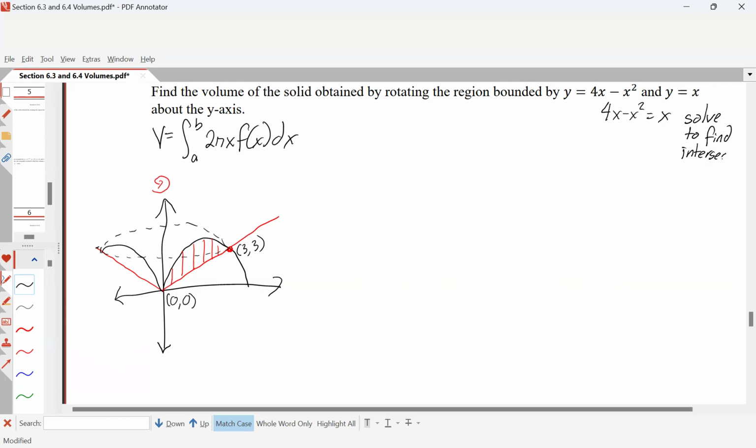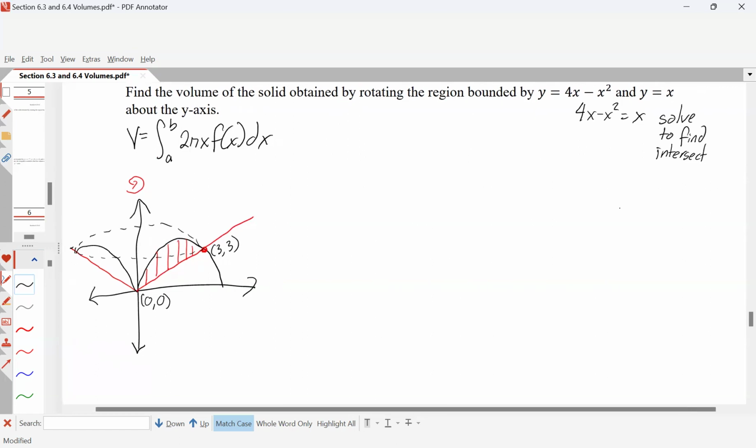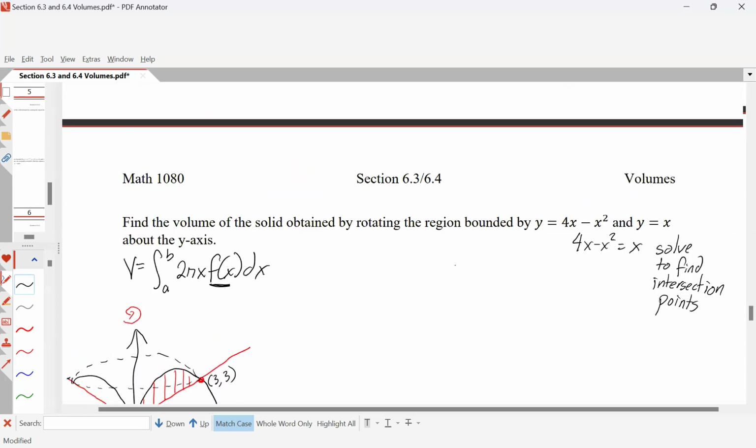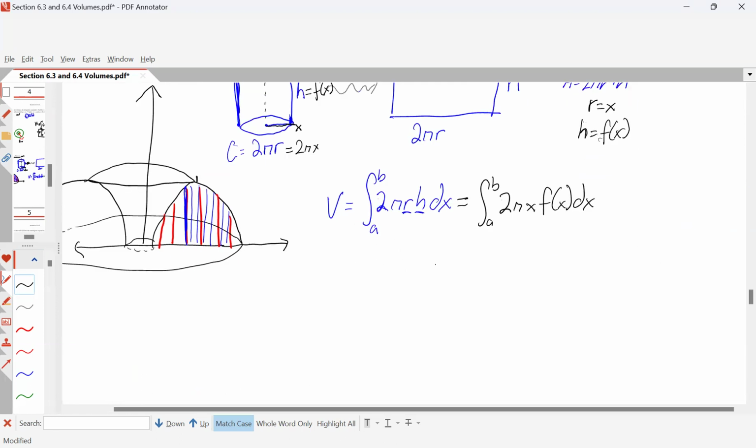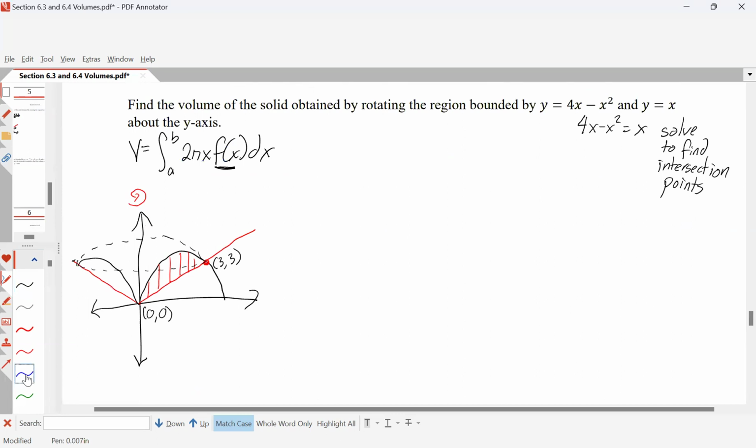But once we have that, it is now a case of setting up our integral. However, we have two functions. We have 4x minus x squared and y equals x. If we go back to the definition, that function was representing a height. So what really that function is saying is the height of whatever these slices are.